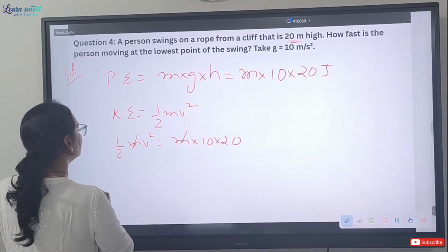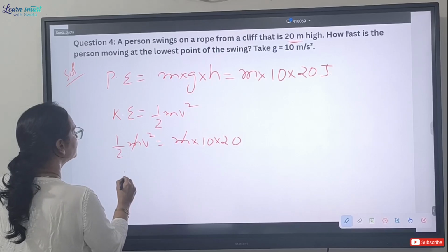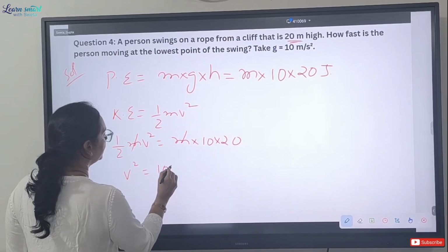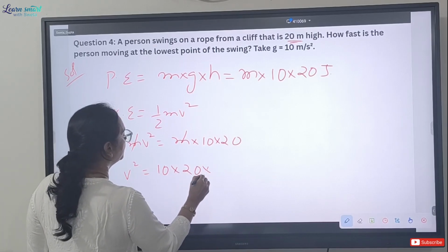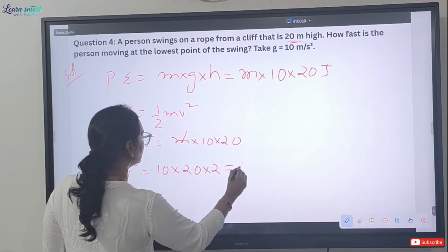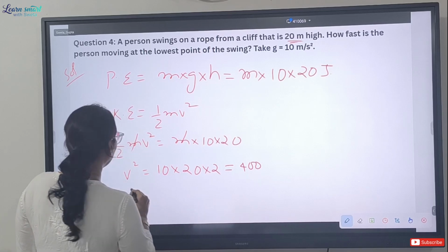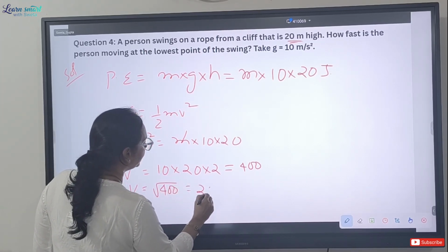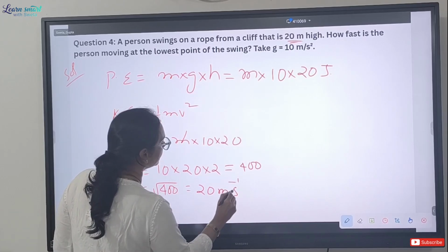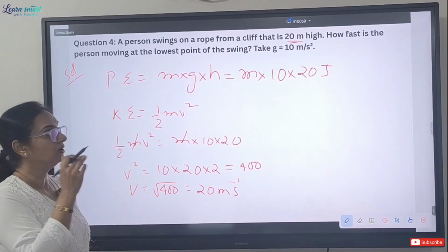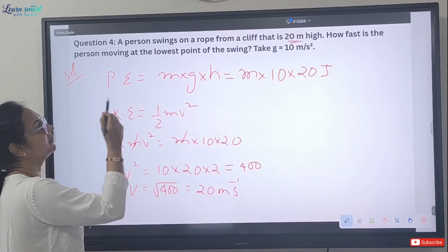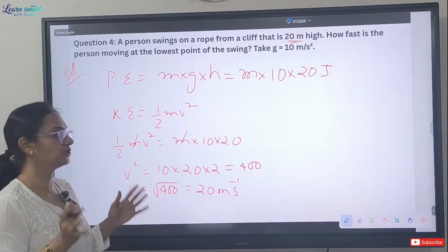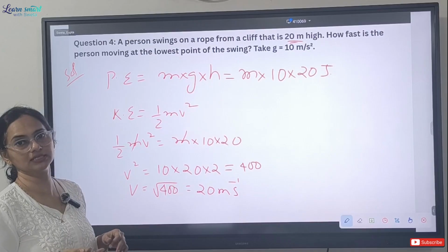M and m will cancel, and v square is 10 into 20 into 2, which will come as 400. And v will become root 400, which is 20 meters per second. So every time we use whatever they have given, here they had given the height, so we calculated potential energy, and the same will become converted to kinetic energy. We equate and we get the velocity, right?